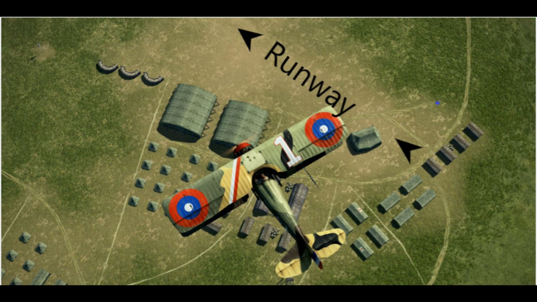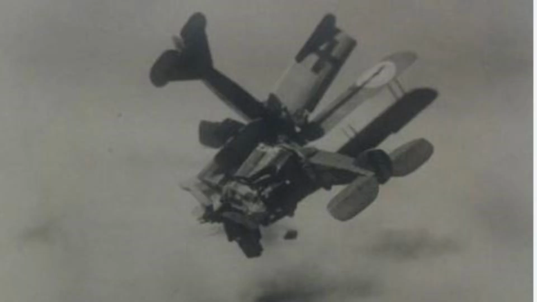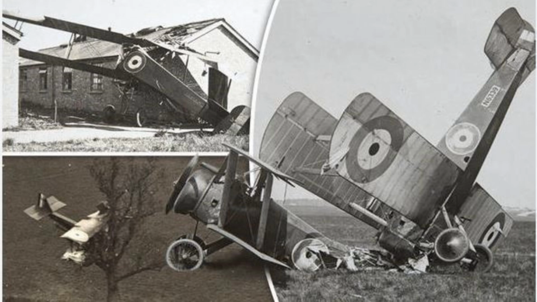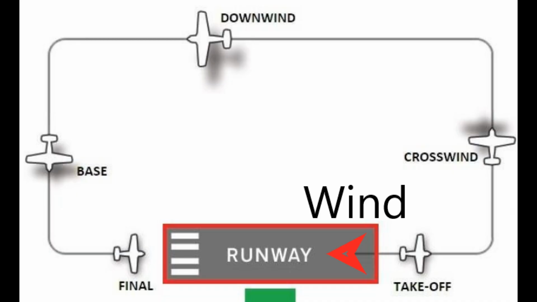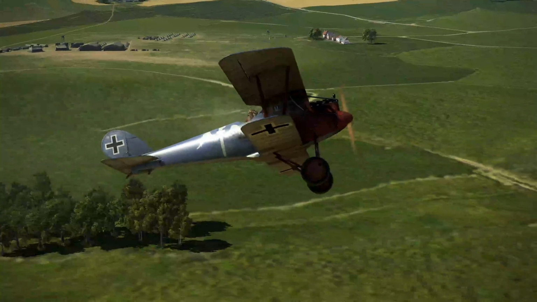But with large groups of inexperienced, high testosterone young men, air traffic needed to be controlled. So they created a traffic pattern which revolved around the active runway. And this has generally evolved to becoming a left-hand circuit as a standard pattern, although there are right-hand circuits.